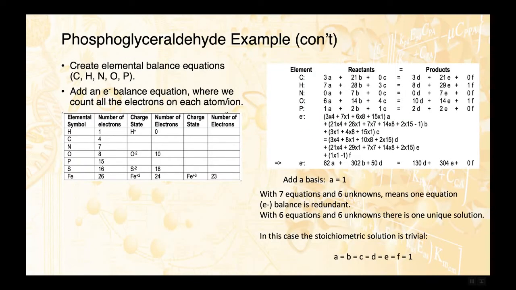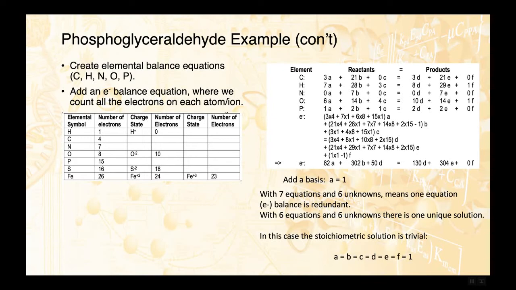The classic way of doing this is to do an elemental balance, and we can do a balance on the carbon, the hydrogen, the nitrogen, the oxygen, and the phosphate. We can't create or destroy any of those atoms within biochemistry. Yes, we can create or destroy them if we go into nuclear reactions, and we could throw protons at it, throw high energy neutrons at it, break up the atoms and produce different atoms.